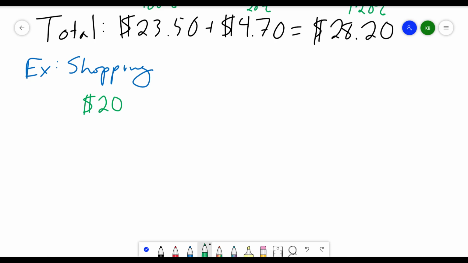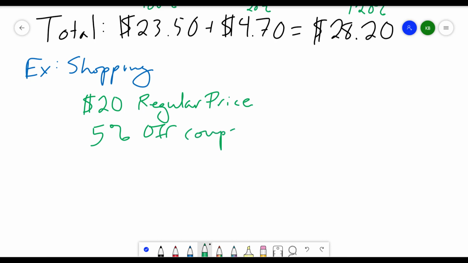All right, so $20 is the total normal price, the regular price. And we have a 5% off coupon. And then sales tax is about 9%.